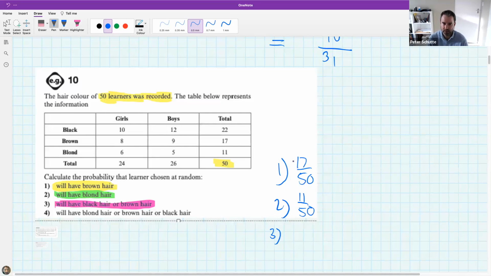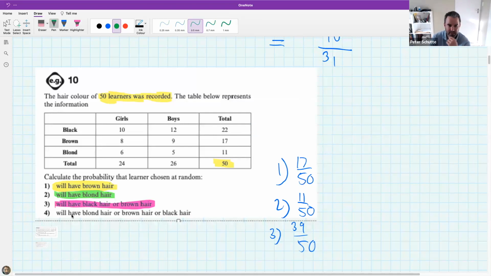So my total's not going to change, but for the or, well, black hair, there are 22. There are 17 with brown. So it's going to be 39 out of 50. So it's very, very likely you'll get either someone with black or brown hair.